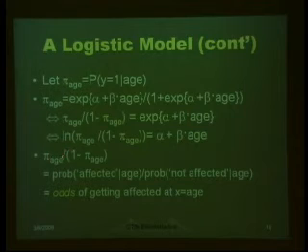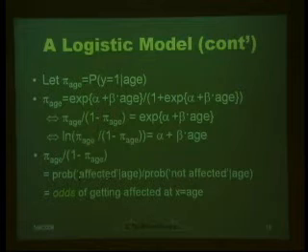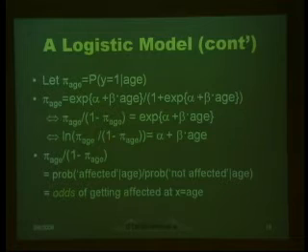And what the left side means: pi is the probability of getting the disease, so this numerator is the probability of being affected, and the denominator, 1 minus this, is the probability of not being affected. So given the age group, this gives you the affected probability divided by the non-affected probability, which goes back to the previous odds.